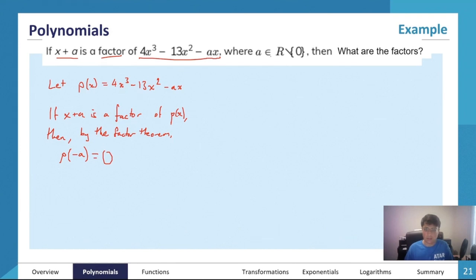I think there's a typo in the question. It should be asking to prove that x plus a is a factor of this expression here. So p of a is equal to 0.